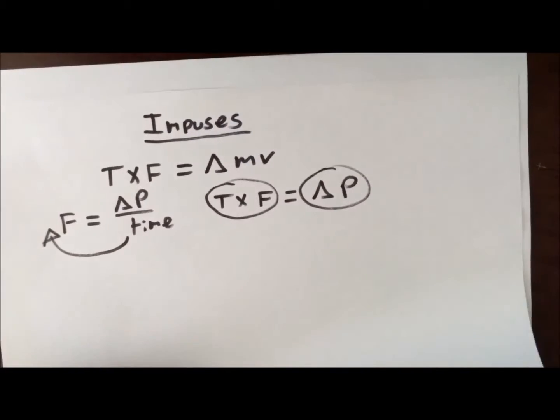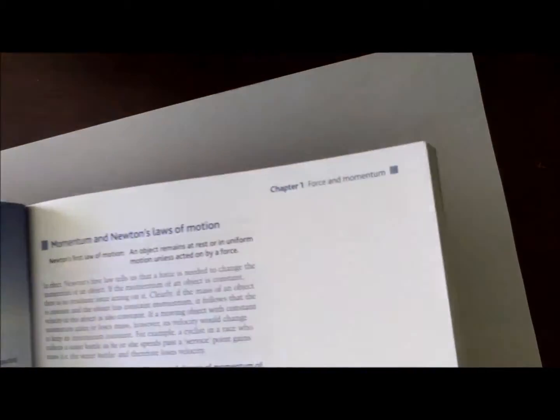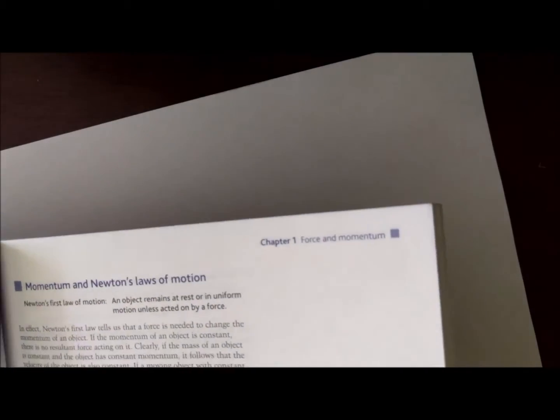Now, let's look at some questions. Hopefully, I can edit the video and get the questions on the screen while I do them, but you never know. So, we're going to go in this book, to chapter 1.1, and do the summary questions. These ones.